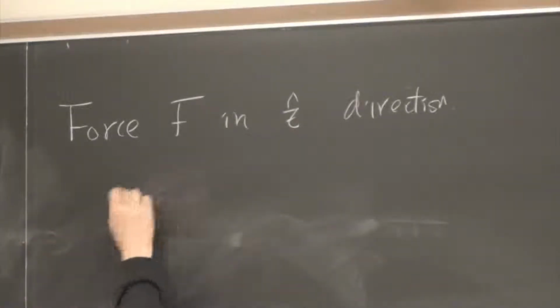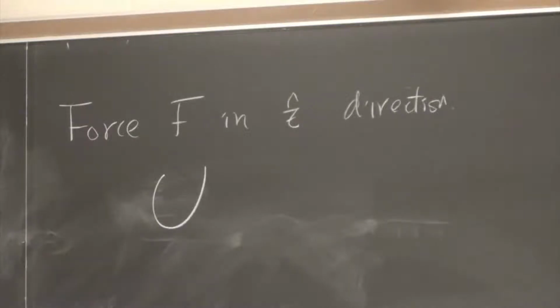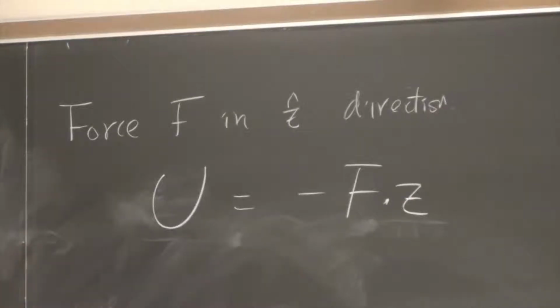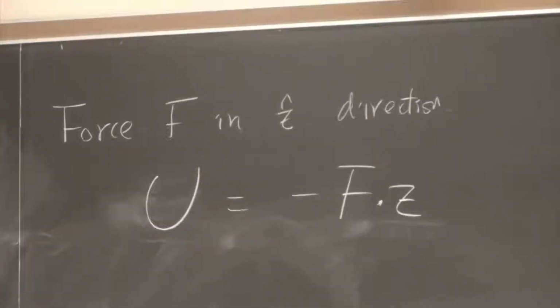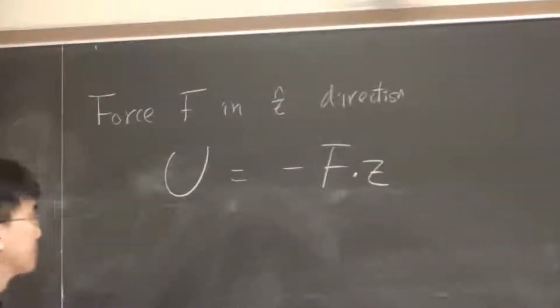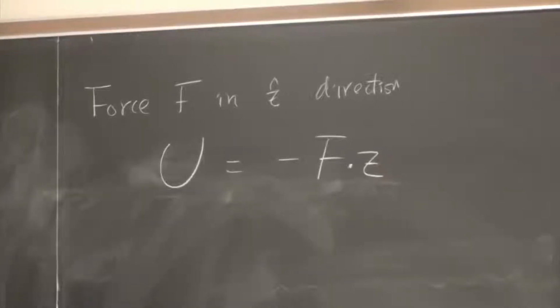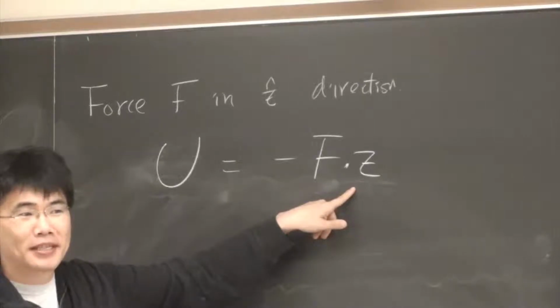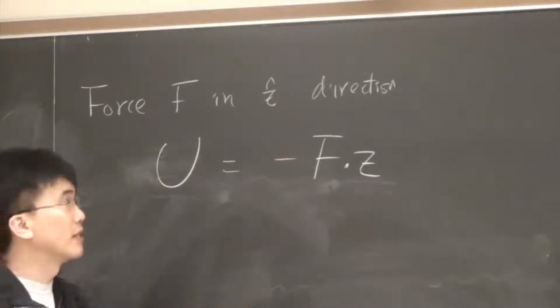Let's call it U. This is the external potential you apply, and by z, I mean the projection along the z-axis: z1, z2, z3, and so on. This energy is minimized when z is maximum, along the direction of f. That's what I mean by this.